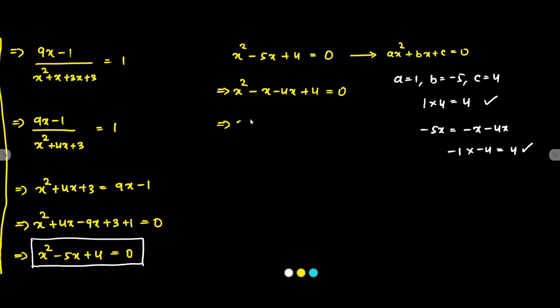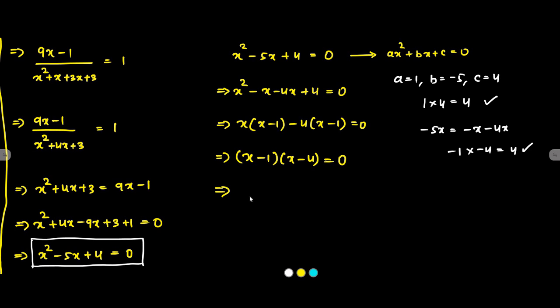Then the turn of factorization, x common, x minus 1, minus 4 common, x minus 1, that is equal to 0. That implies x minus 1 into x minus 4 is equal to 0.